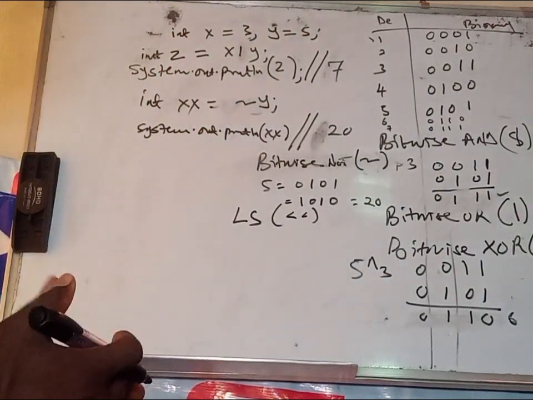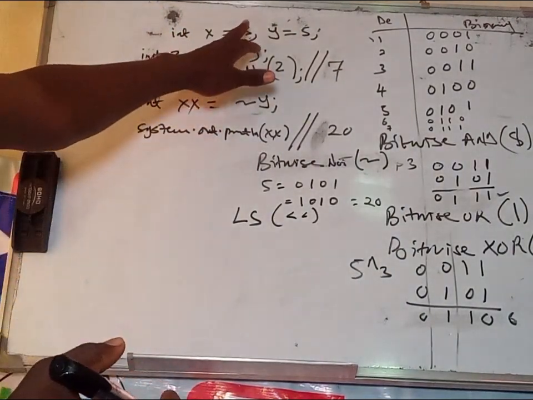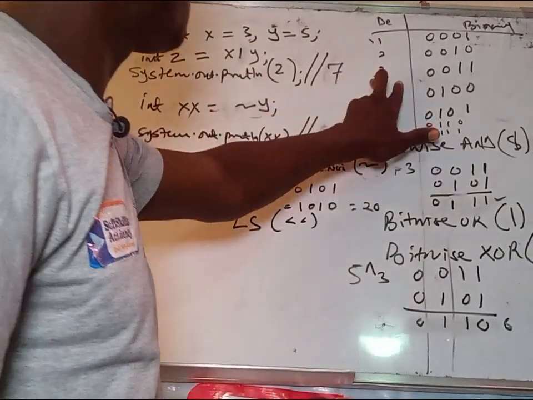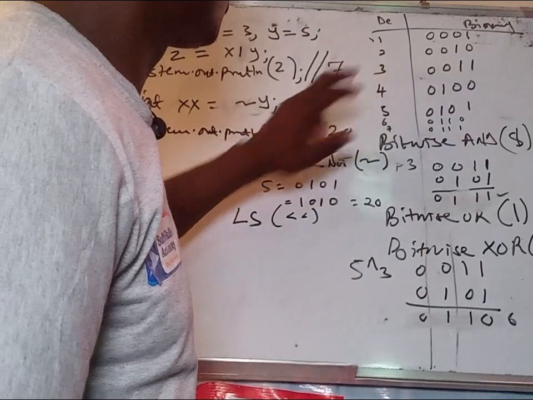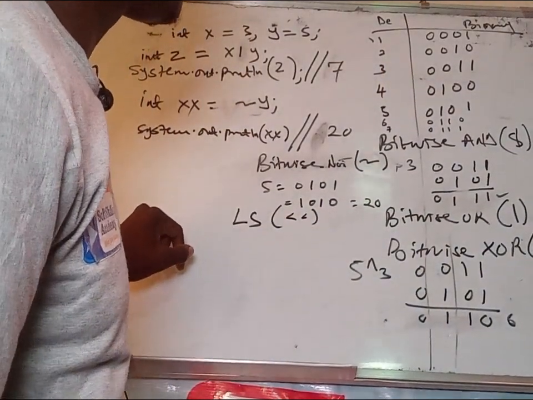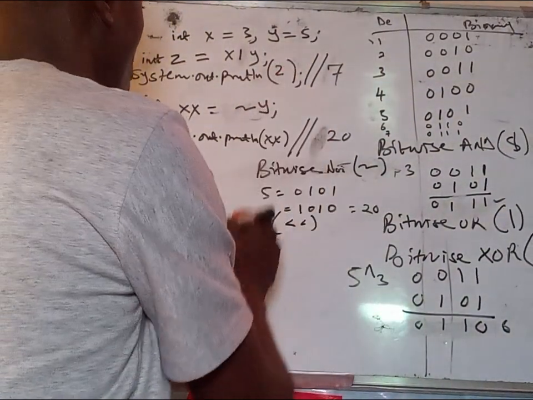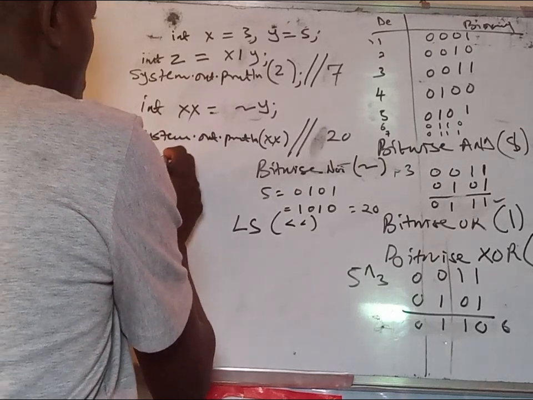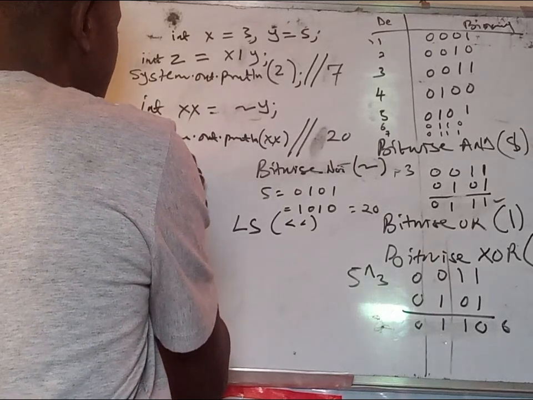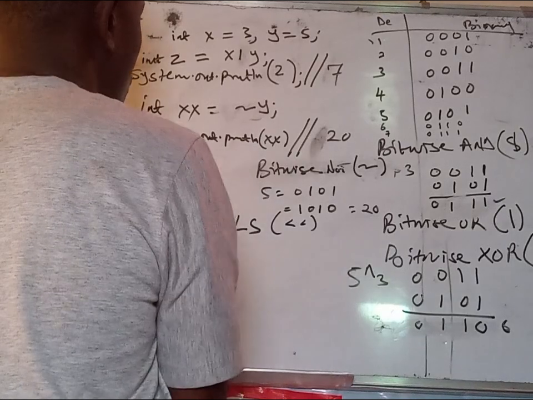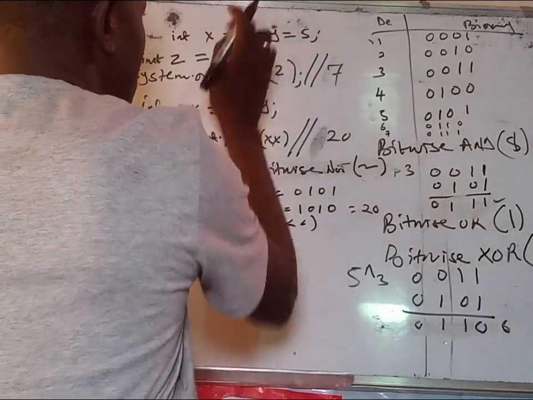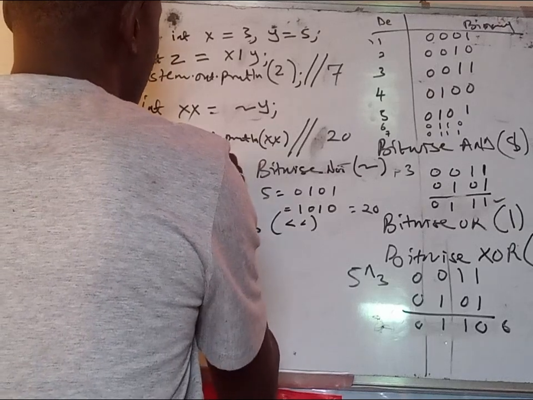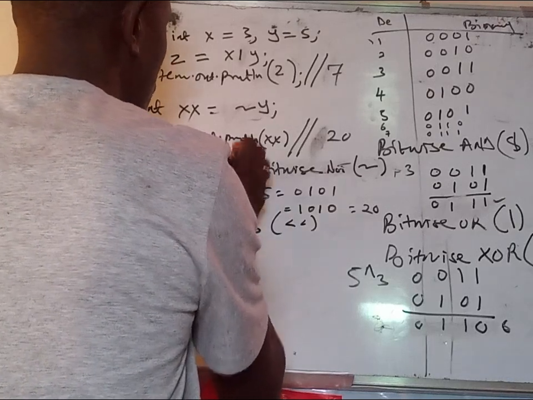So assuming we are shifting 3 by 2. Let's say we have another data type where we say int zz, that is zz is equal to x, which is 3, and then we use shift 2.